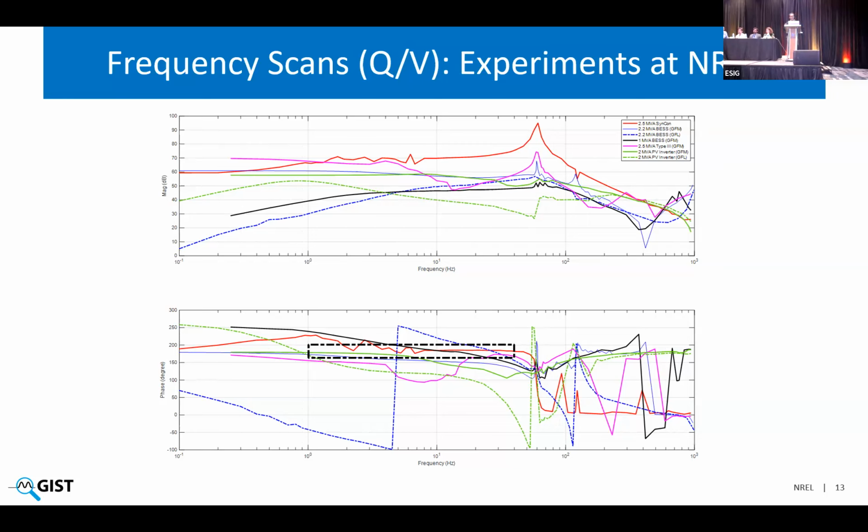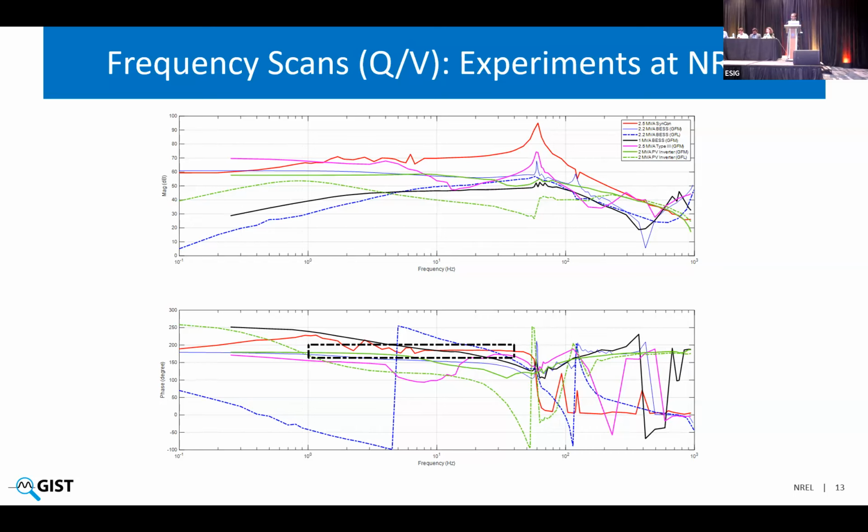If you look at the blue dash-dot line, that is the same inverter, but operating in grid following control mode. The same 2.2 MVA actual hardware inverter. It's nowhere near this criteria, where the gain is flat or the phase is close to 180 degrees in that frequency range. And basically it fails to be a grid forming resource.